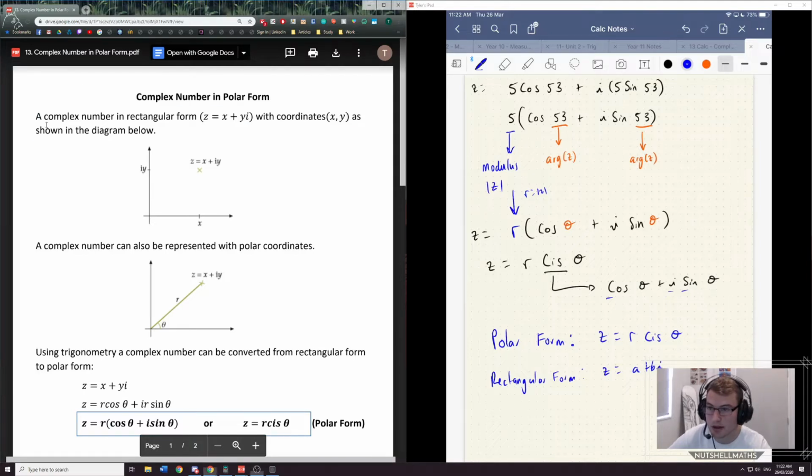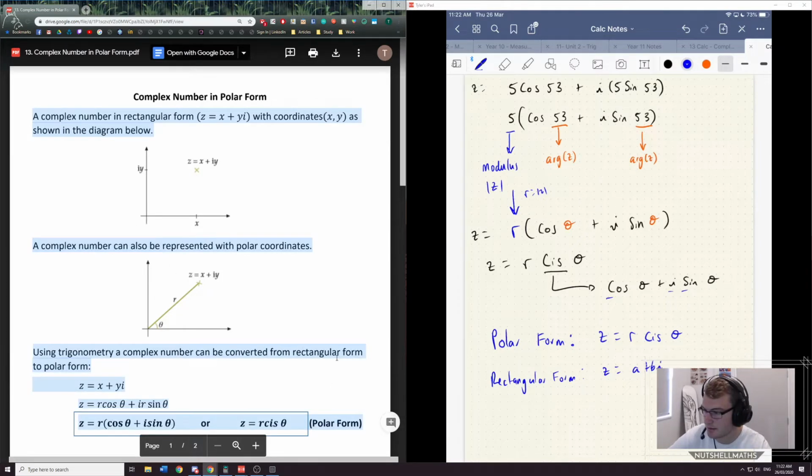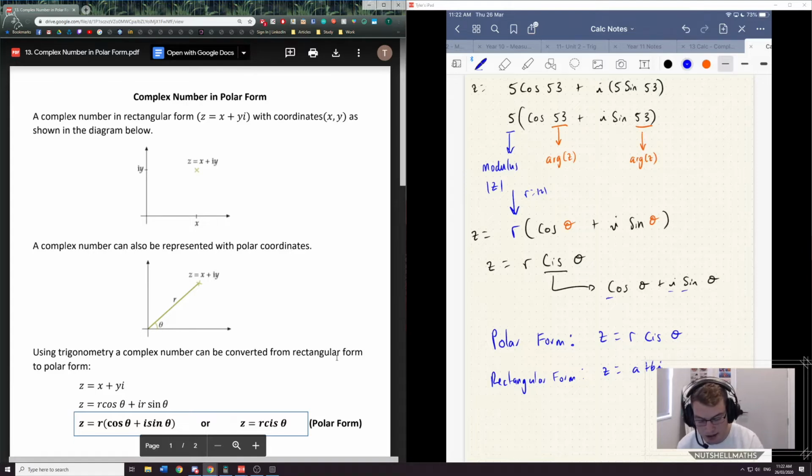And that's what we've got here in these more condensed notes. So any complex number can be represented either or both, this way or this way. Let's have a quick think about this.